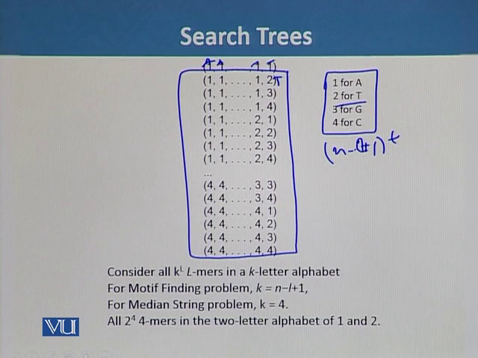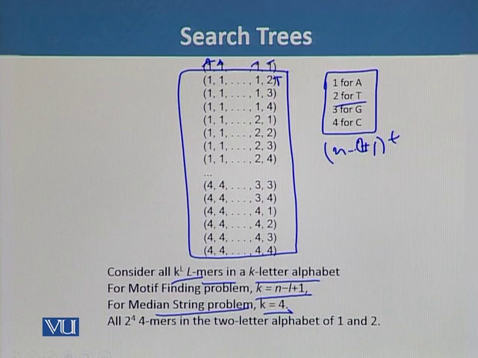In general, we can consider K L mers in a K letter alphabet. For the motif finding problem, K is n minus L plus 1, but for the median string problem, K is equal to 4 nucleotides.